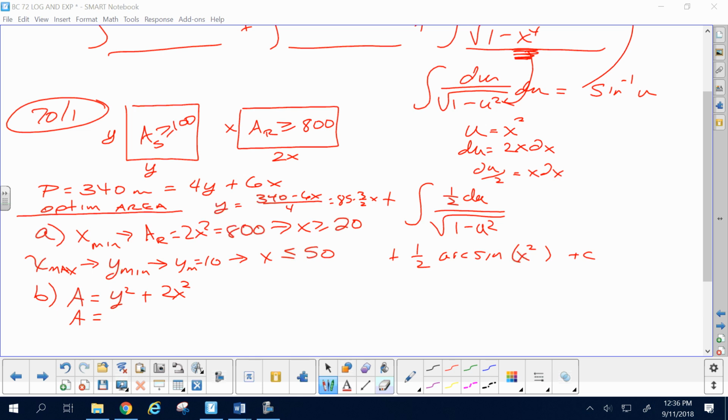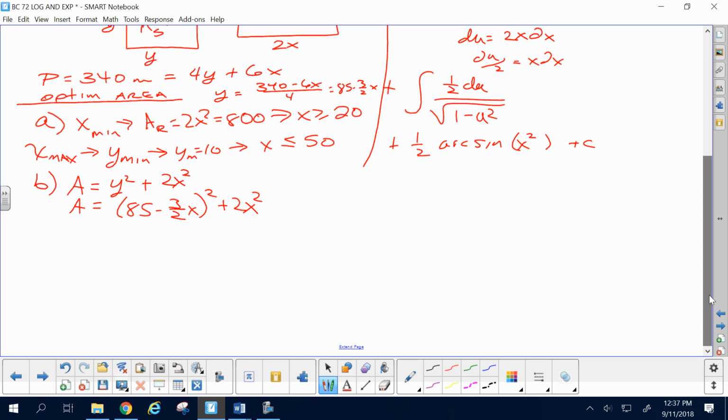I don't particularly care, but it might be a little useful. So then, (85 minus 3 halves x) squared plus 2x squared is an area function in terms of x only. Foil it out or just leave it? Just leave it. Your derivative skills are impeccable. I'm sure you can do the chain rule with that, no problem.